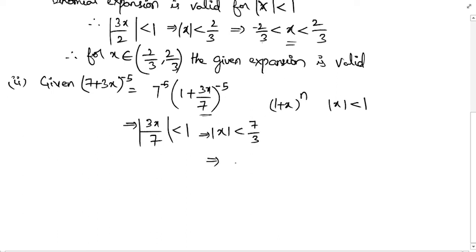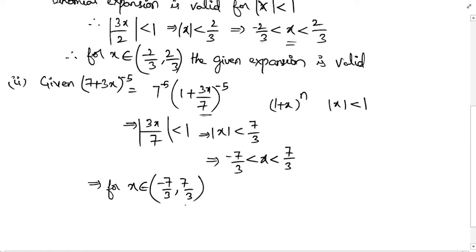So that implies minus 7 by 3 is less than x less than 7 by 3. So x lies between minus 7 by 3 and 7 by 3. So for x belonging to (minus 7 by 3, 7 by 3), only for these values the given expansion is valid.